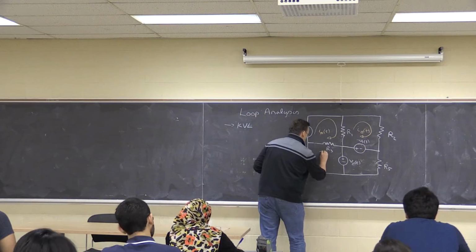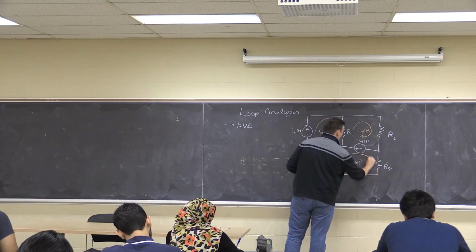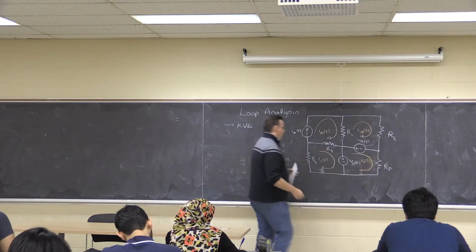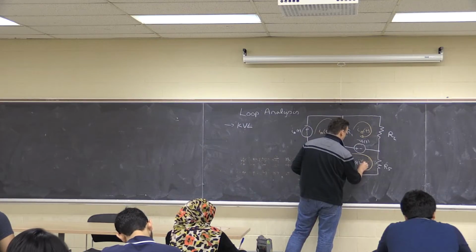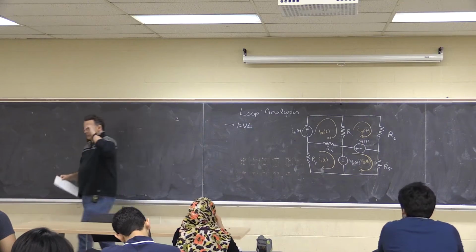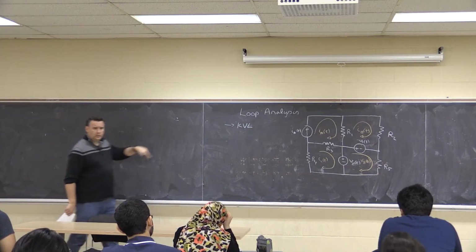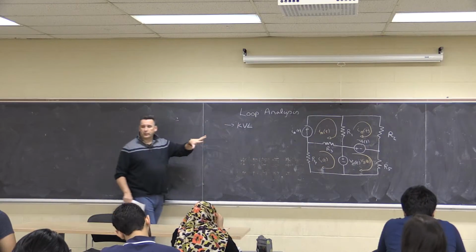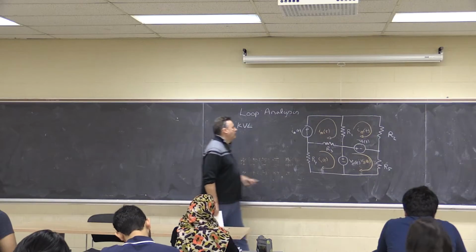We'll call this one I of C as a function of time, and this one I of D as a function of time. So we call these the loop currents, or perhaps mesh currents. They're local currents flowing in each of these loops.